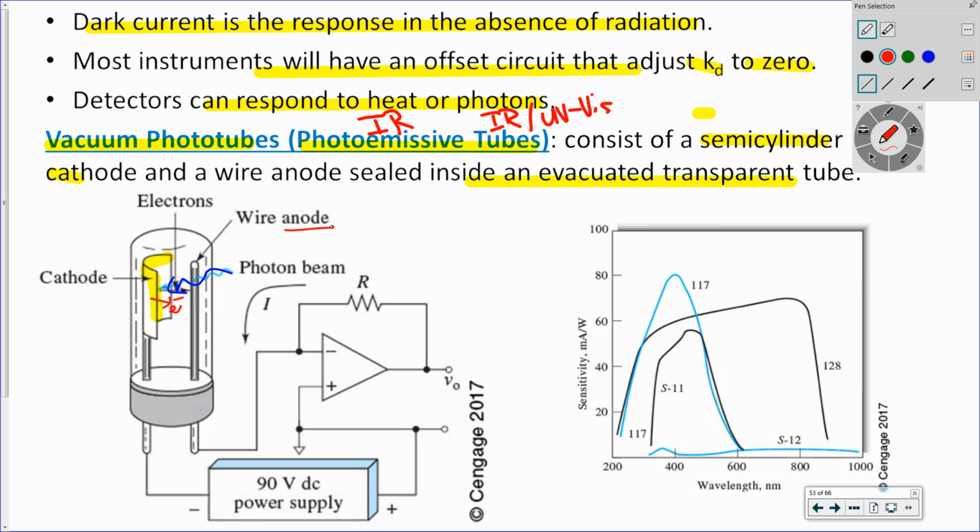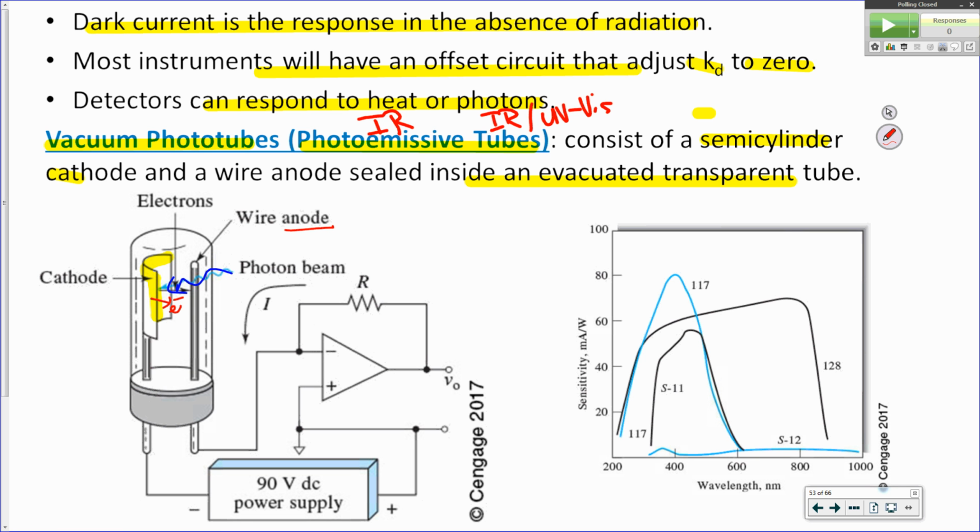And what's the charge of the anode? Positive or negatively charged? Yeah, anode means it attracts anions. Anions are negatively charged, so this guy is positively charged. So the electrons come flying to this anode, so that gives you a flow of current. So the current flow across this system is directly proportional to the radiant power, the number of photons coming in.